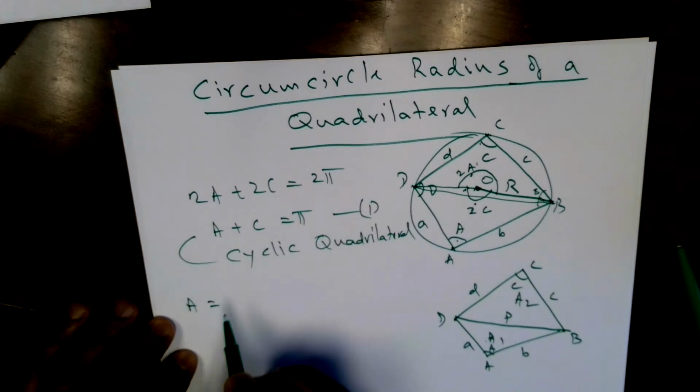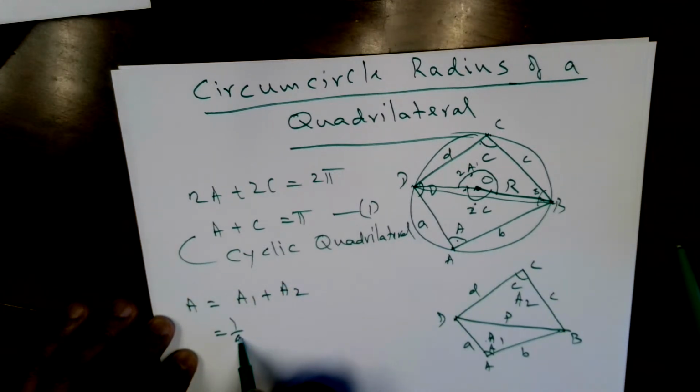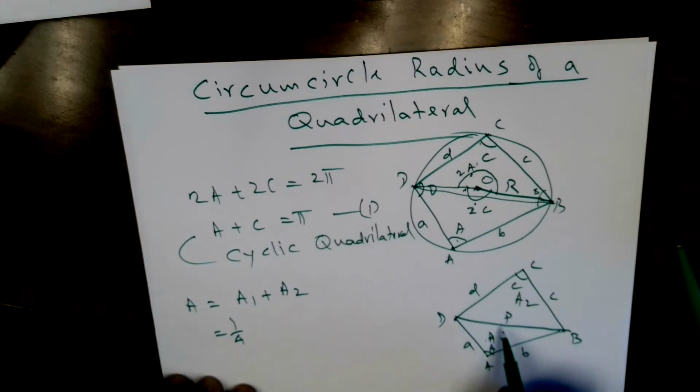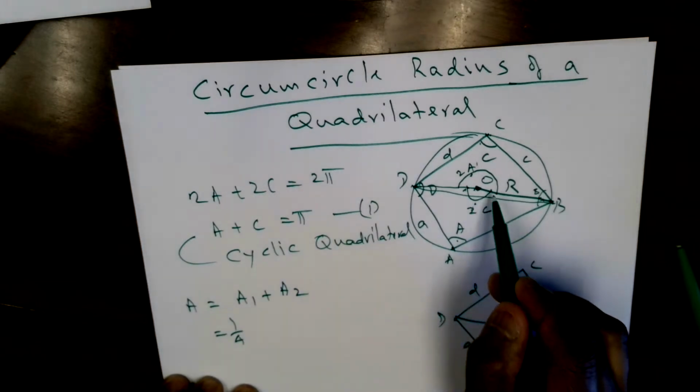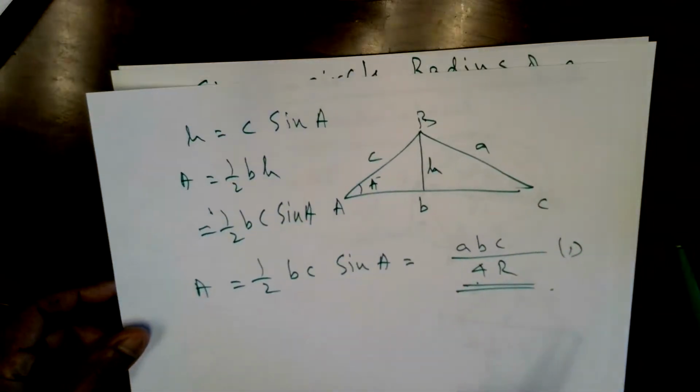So the area is the two areas, A1 plus A2. Let me call this diagonal P. Then you have two triangles. The area of this triangle is ABP divided by 4R, using this formula.